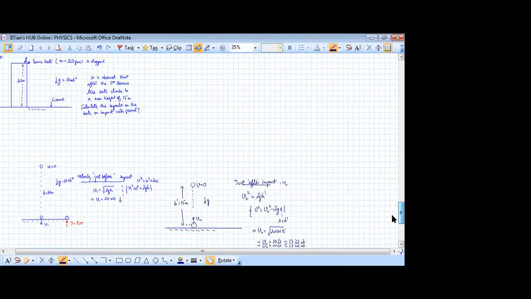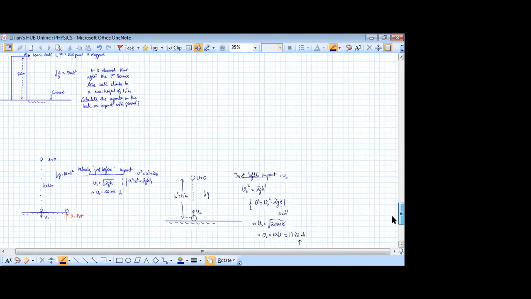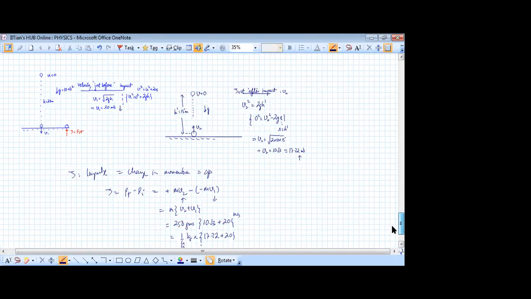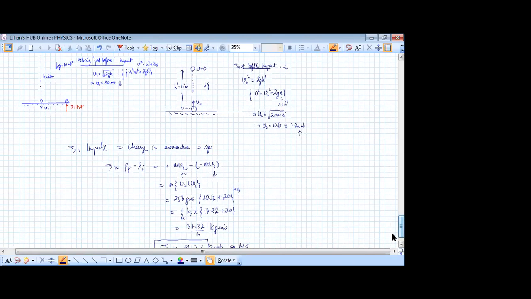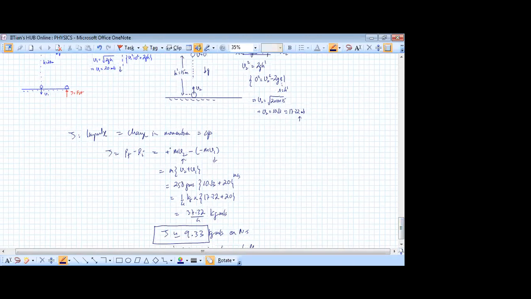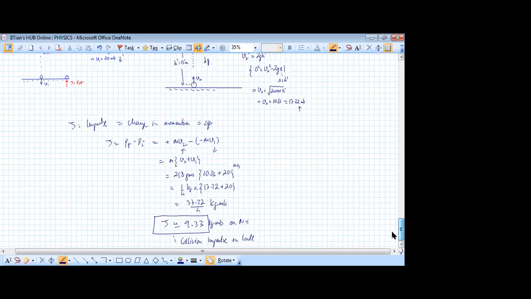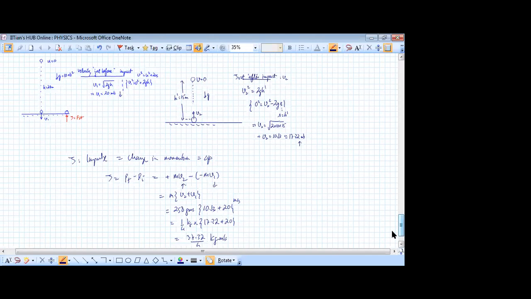Yeah, 250 grams dropped from a height of 20 meters, and after impact it went to a height of 15 meters again. So velocity changed from downward v1 to upward v2. Momentum changed from a negative value to a positive value. So change in momentum is final momentum, which is positive, minus initial momentum, which is negative. Minus minus will again become plus. That's how we're getting the collision impulse. You just note this down properly.